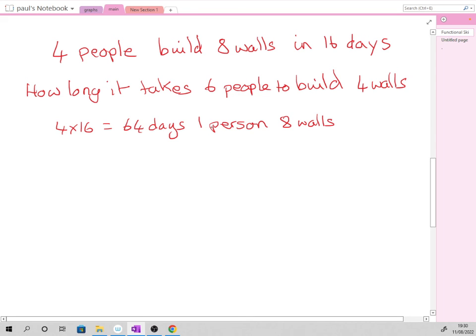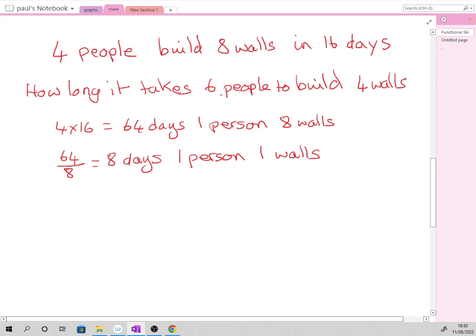Now, let's find out how long it would take one person to build one wall. We know it takes 64 to build all the 8 walls, so if we do 64 divided by 8, which is 8, so it takes 8 days for one person to build one wall. Right, we're getting there.